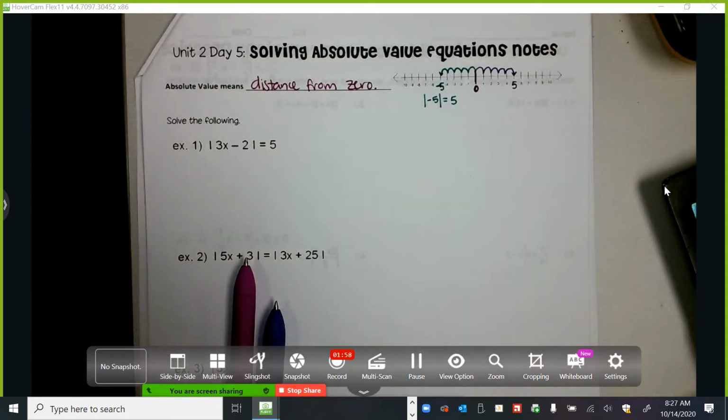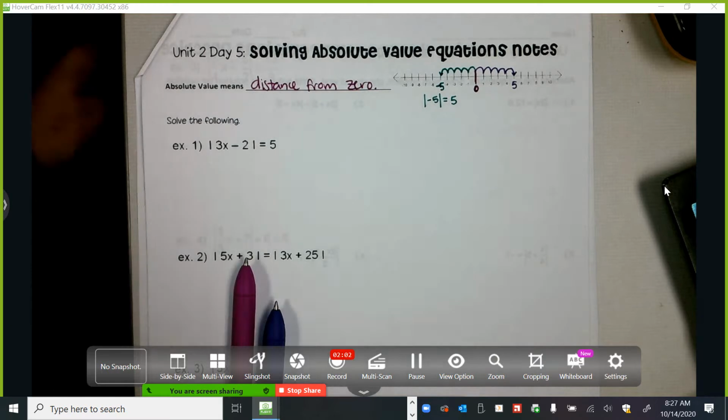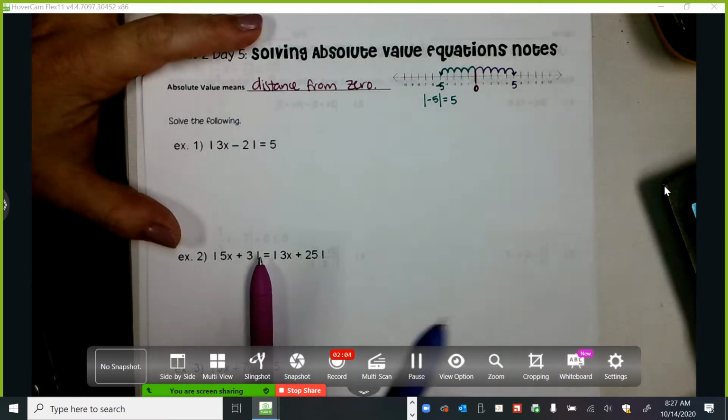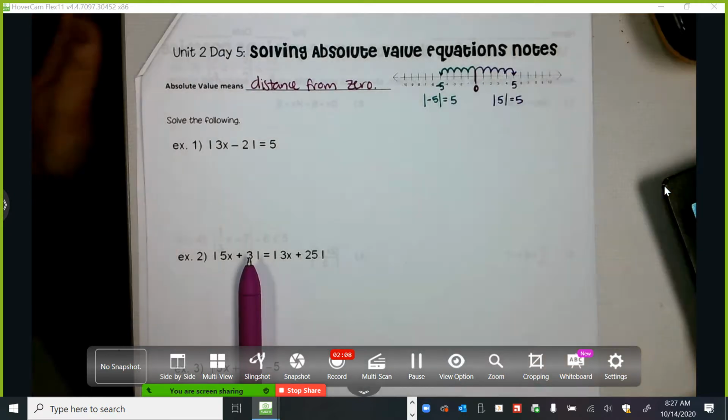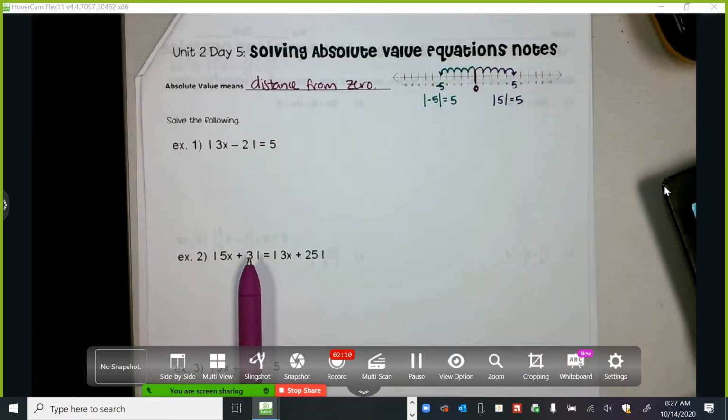It's 5 units away from 0. Same concept here. The absolute value of positive 5 is just 5. So really what I learned is that absolute values cancel your negative. It canceled my negative. It still equals 5. It's just positive 5 now.